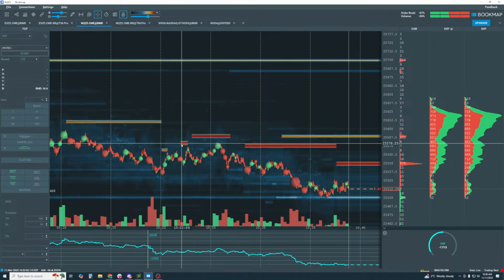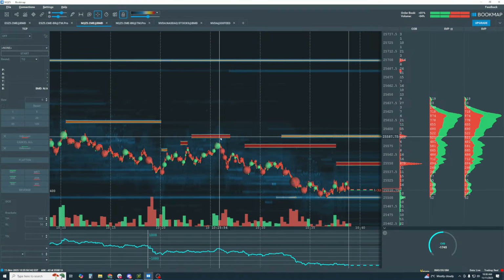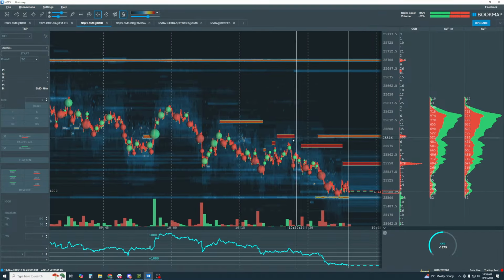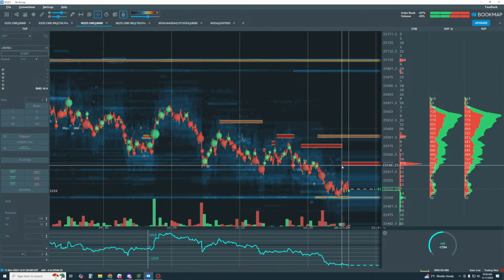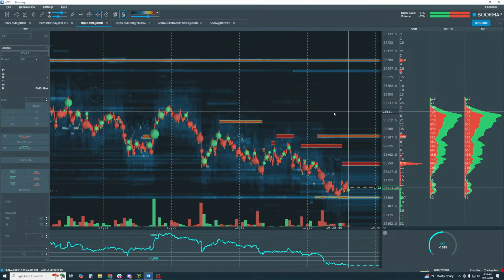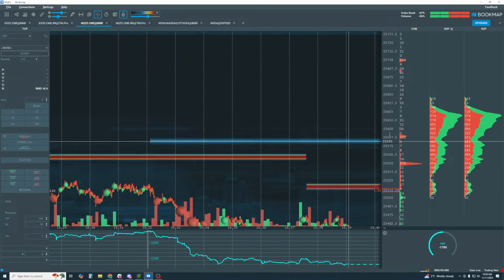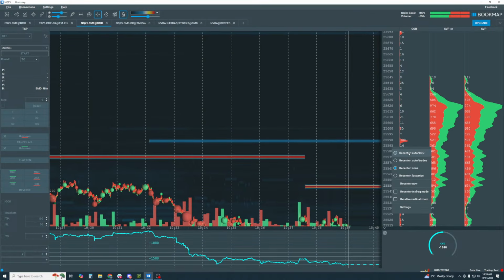And then he moved it back up. So this guy doesn't want to get filled. And he still doesn't want to get filled. Then he moved it down, and he moved it down again here. 879 contracts. Okay, so it looks like a kind of spoofing type of behavior to me.